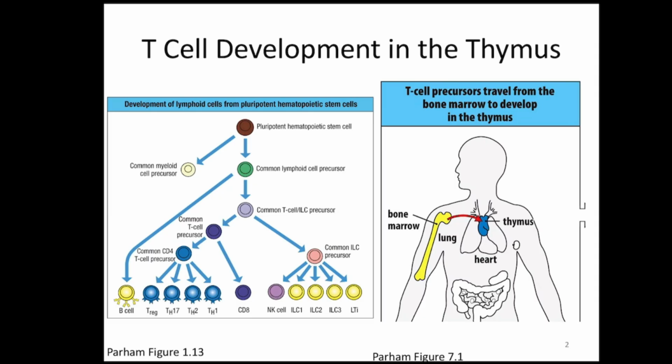Unfortunately for us, the T cell field uses some slightly different nomenclature. And so we're going to have to think about some slightly different nomenclature for some of these same steps.